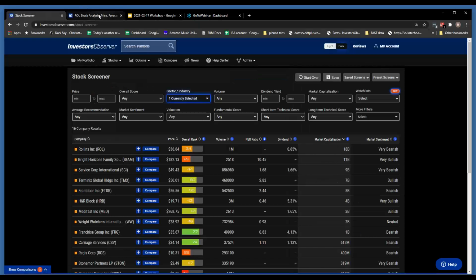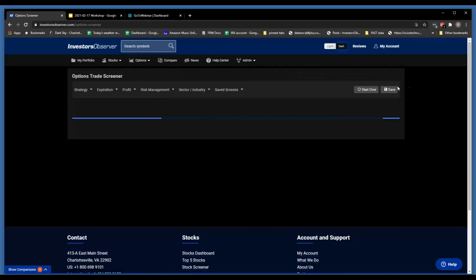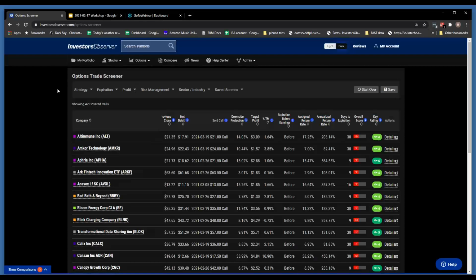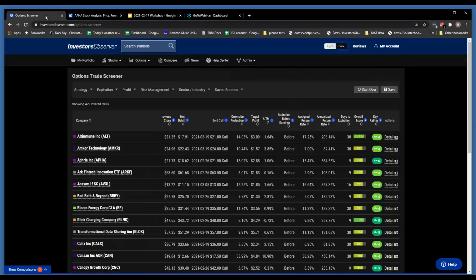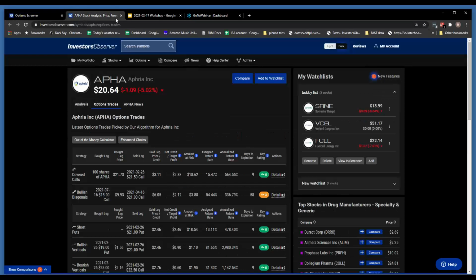And now you have both of these tabs open. The same thing works on the option screener. Just find something you like, Control click, boom, opens in a new tab, and I have the screener open so you can go back and forth like that.